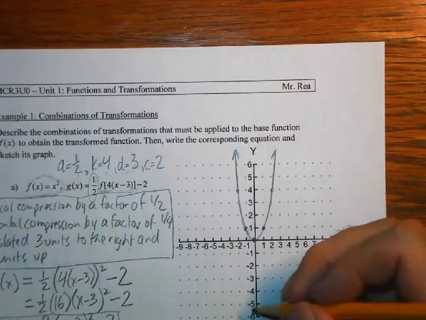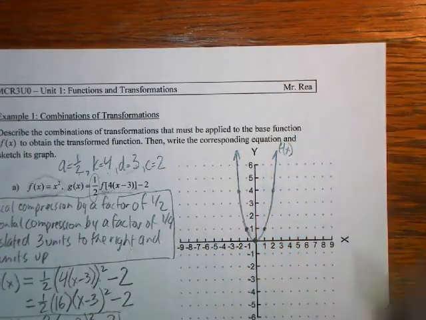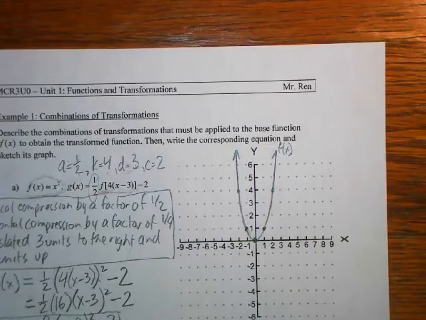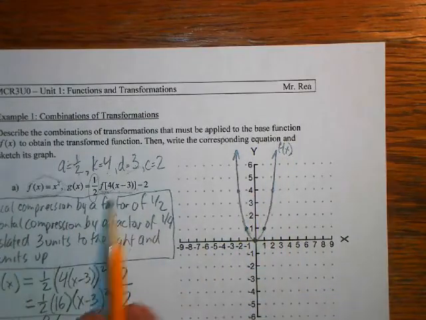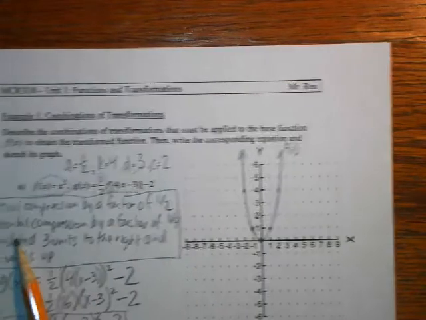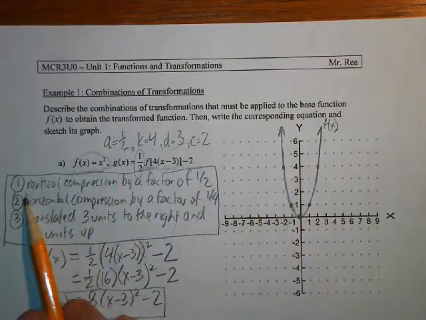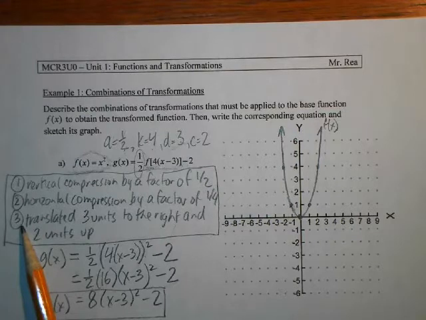Okay, and I'm going to label that just at the top here. Okay, so I'm going to kind of apply these transformations based on what these descriptions are telling me. So there's my base function, and now we do this set of instructions to come up with our graph.